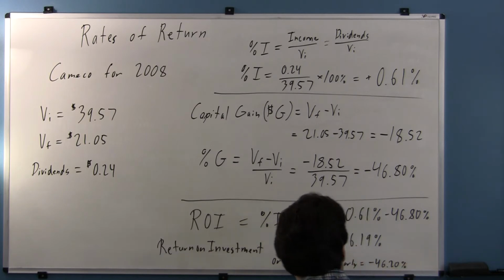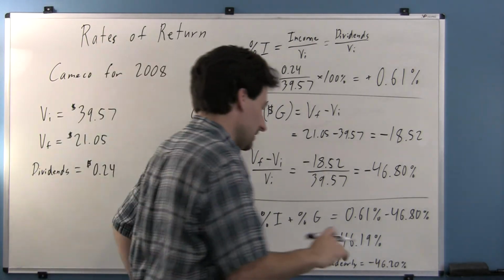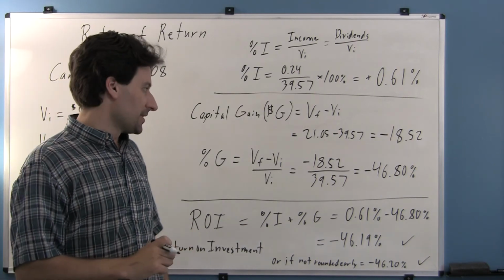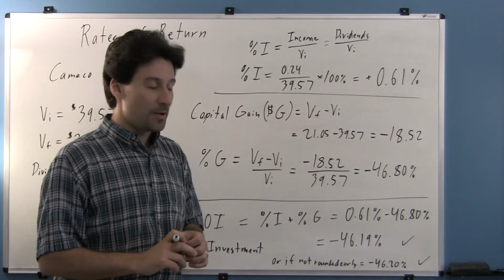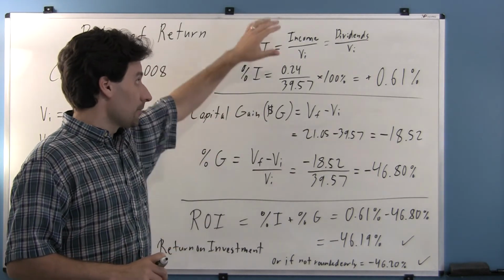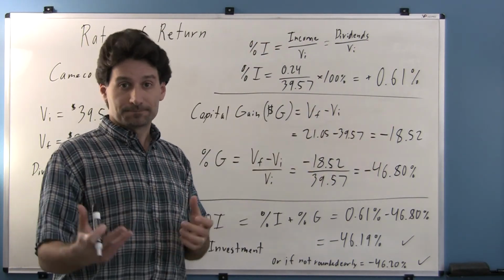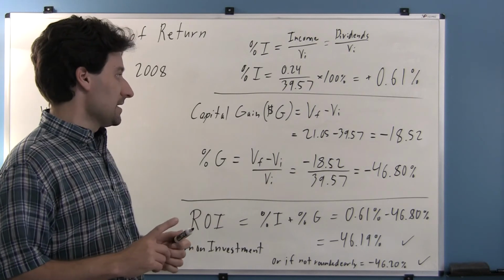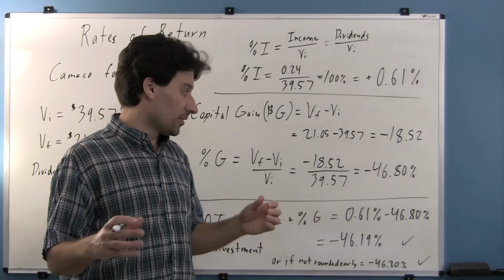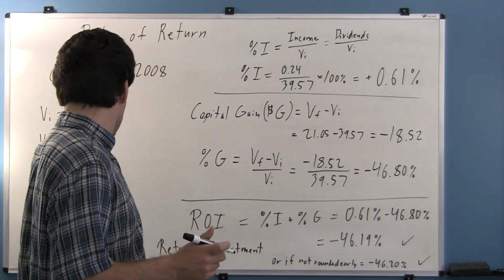I'll give you both. In this case, I would give you full marks for either answer, because with one of them you are just taking these two numbers and adding them up. The other one, if you are going back to actually adding up 24 cents of income minus $18.52 loss, and then dividing by 39.57, gives you an ever so slightly different number here, but that's okay.